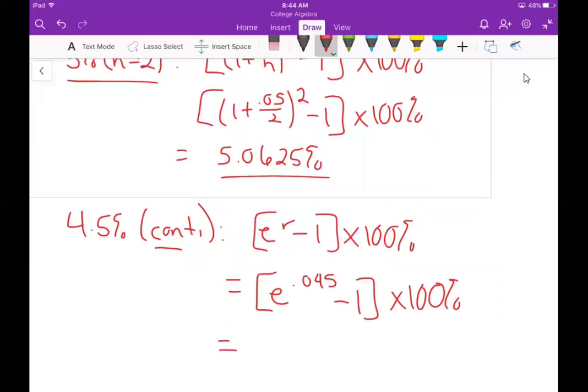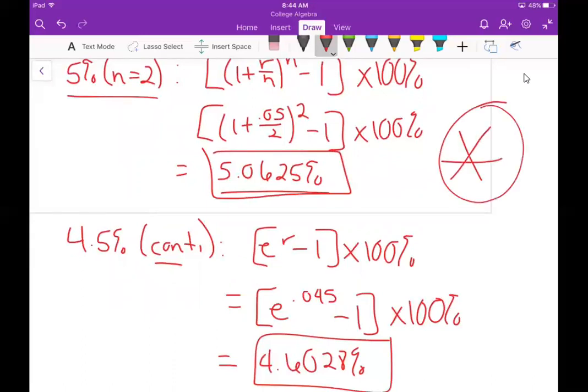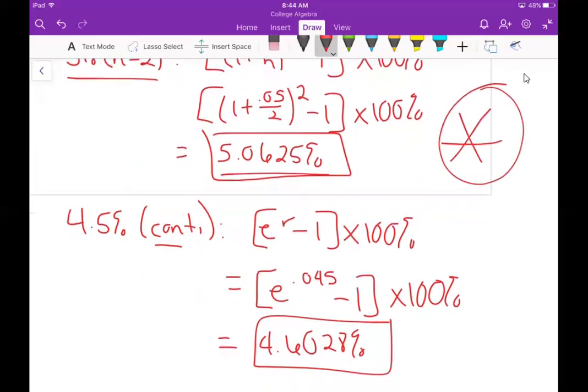Getting practice with that e in your calculator, you should get here 4.6028%. Okay, so which investment is better? The 5% is better because the APY is greater than the APY of the other account.